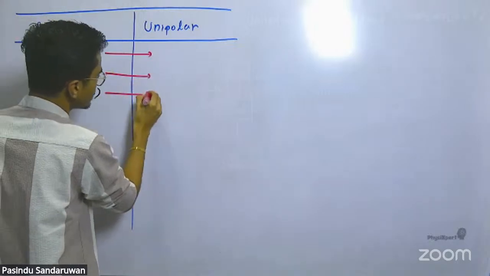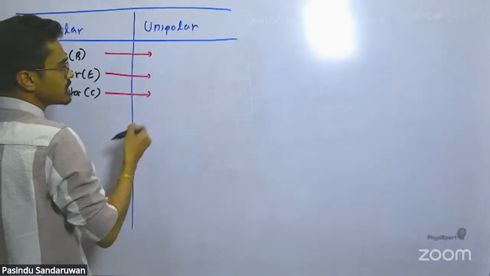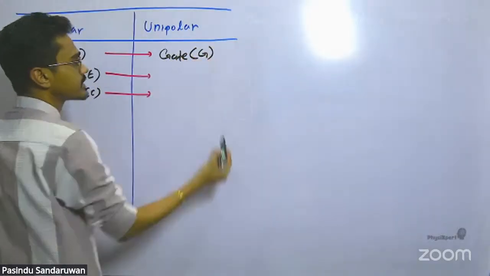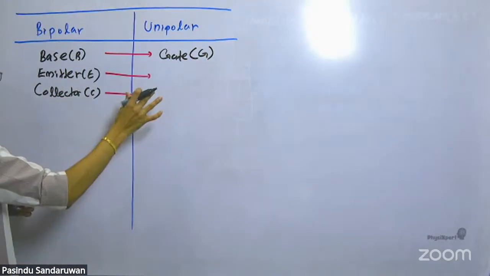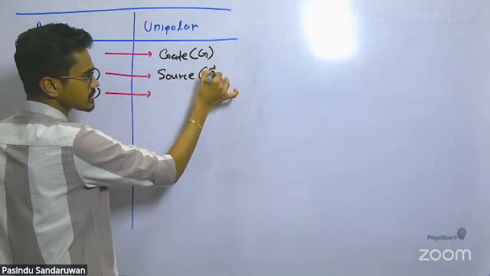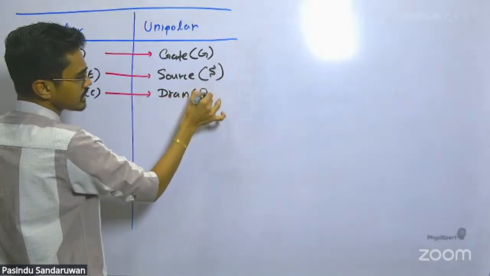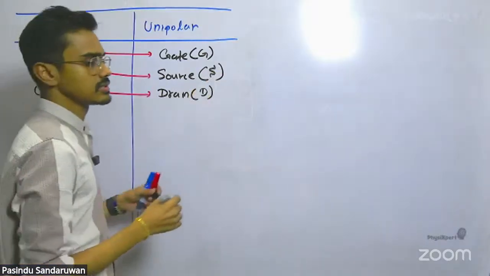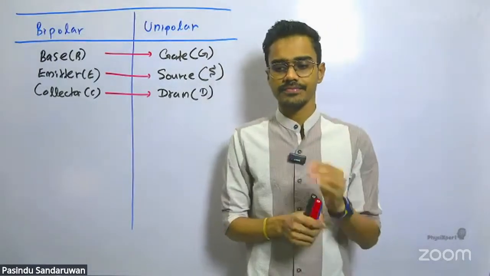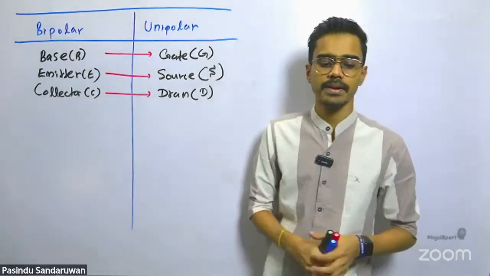Comparative to base, here we have gate, G. Comparative to emitter, here we have source, S. Comparative to collector, here we have drain, D. So starting from the terminals itself, that is very comparative.